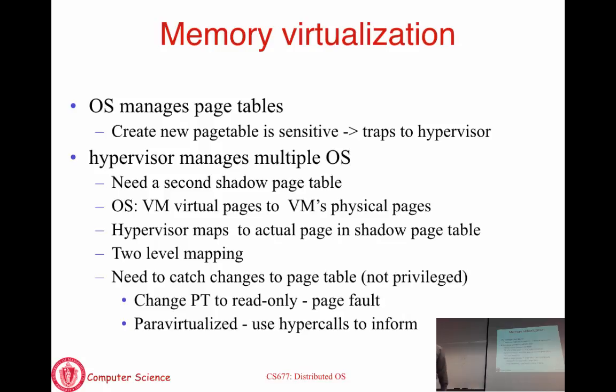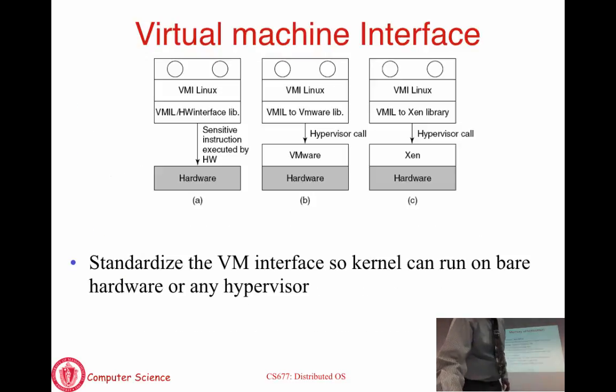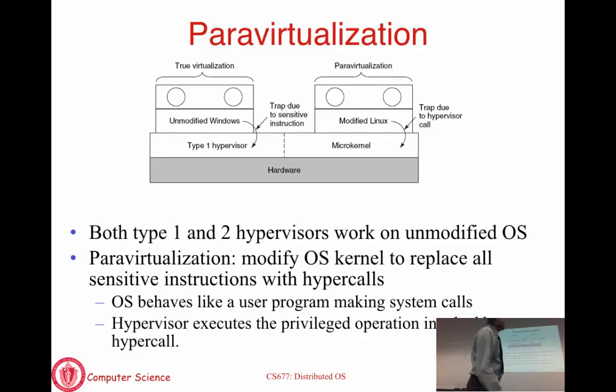So it's not very different from what I showed here last time. Whenever the OS tries to execute any sensitive instruction, it causes a trap. Modifying a page table is also a sensitive operation because it requires you to make changes to hardware, and the OS is not the privileged entity here, the hypervisor is.